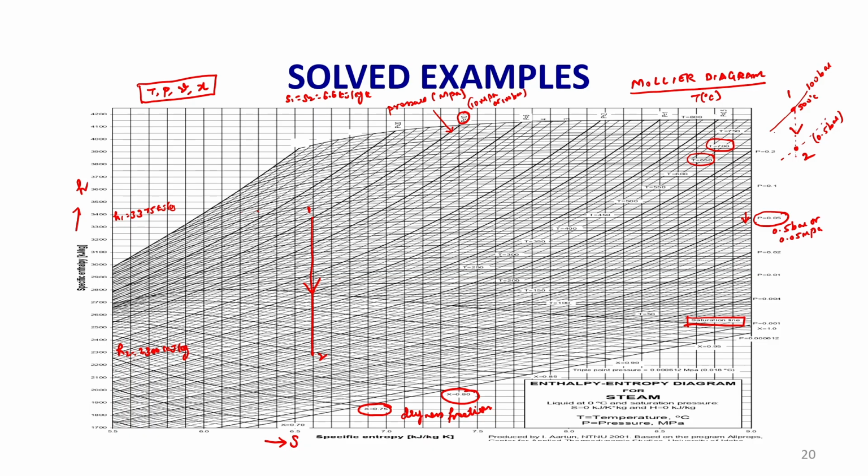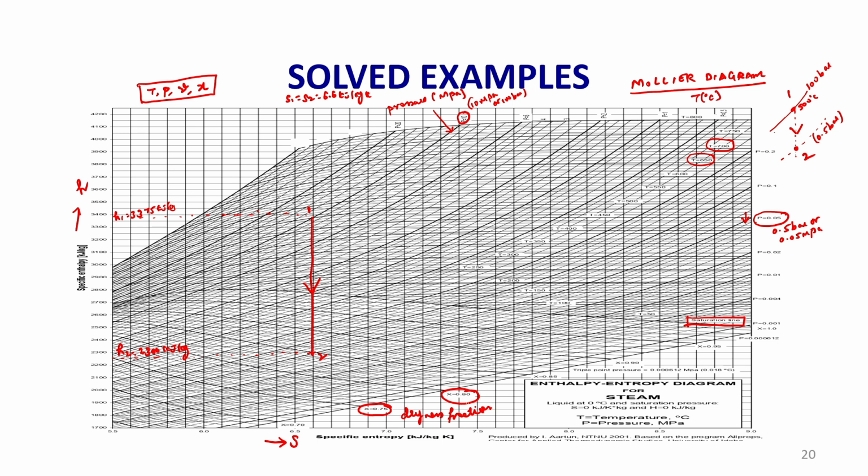If you take the value on the y-axis, on the left side, that will give you the enthalpy at state point 1 and the enthalpy at state point 2. So this is how we find H1 and H2.